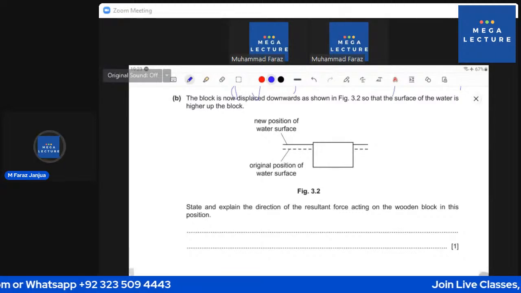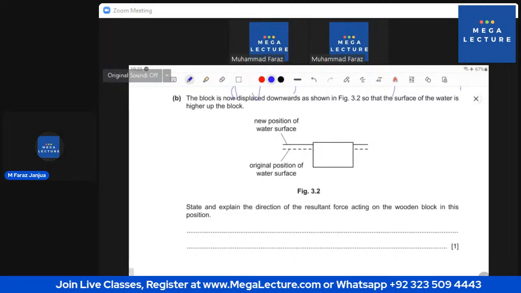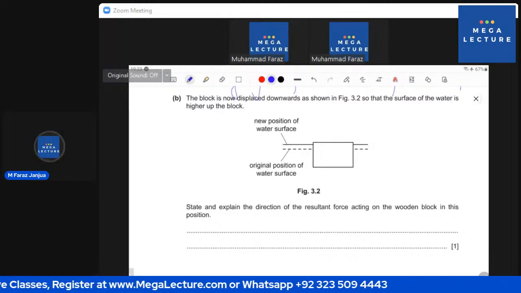For example, if there is a floating box and you try to push it down, what happens? The object resists going down. It means there will be an upward force acting on it.